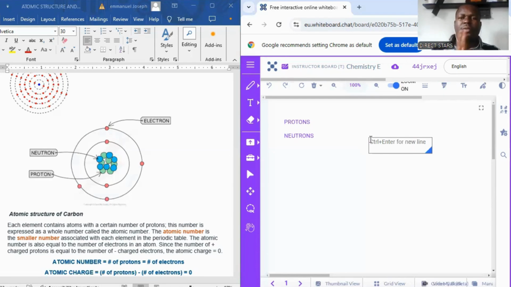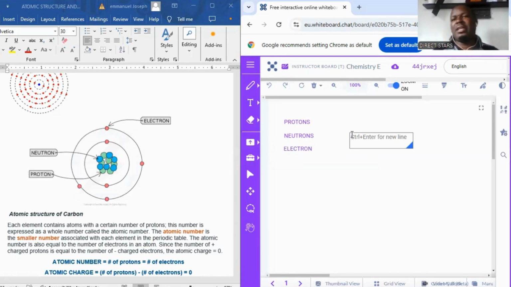The third subatomic particle that orbits round the nucleus is known as electrons. And what are they? Why is it that they are found at the orbit? Why are they not at the center of the atom?